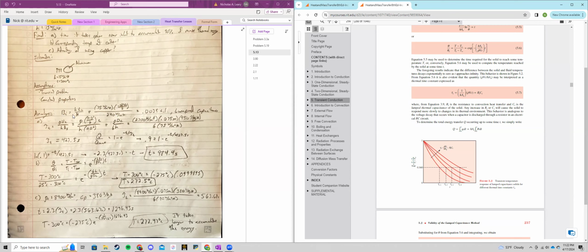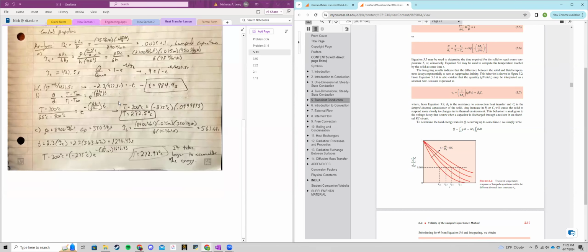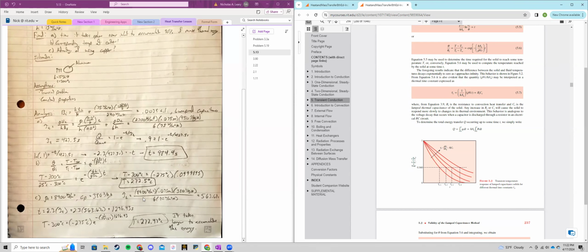Actually, you should check the K value, since we have a new metal being used. I happened to forget it, but due to the pathing of the question, it's all on lumped capacitance, so I know that's going to be lumped.